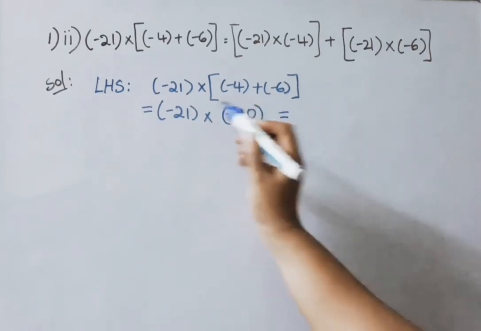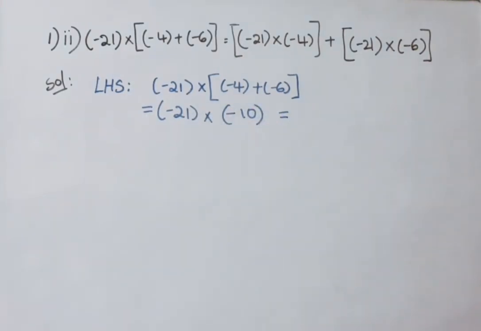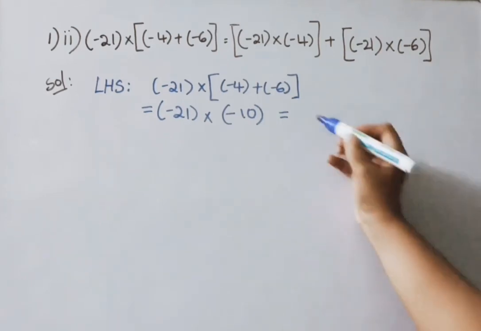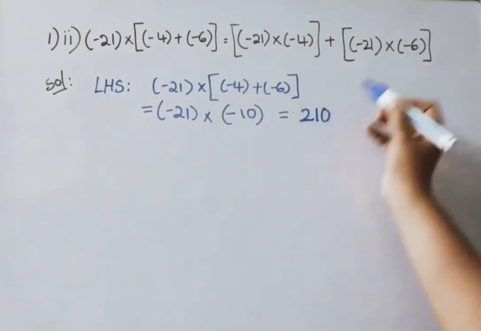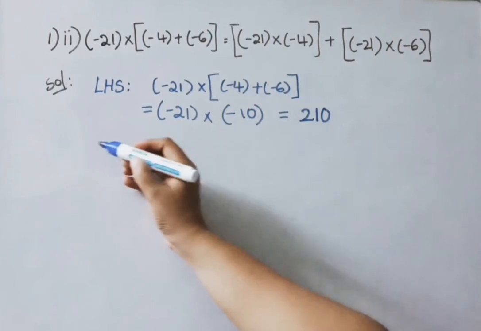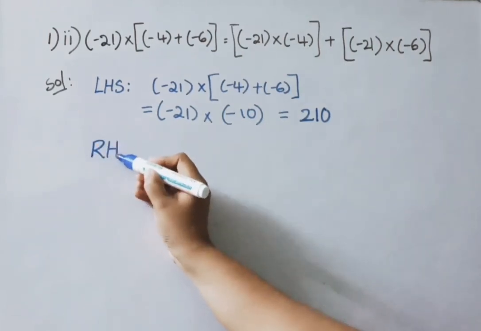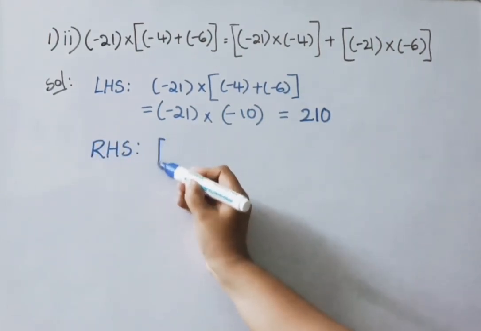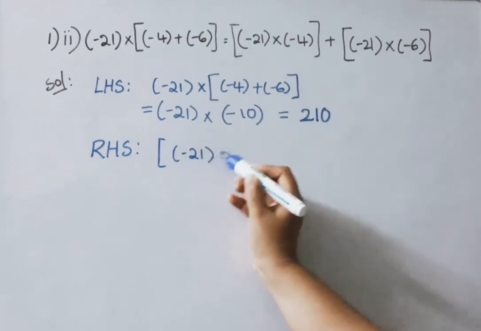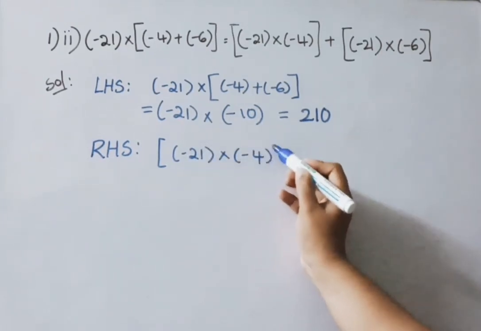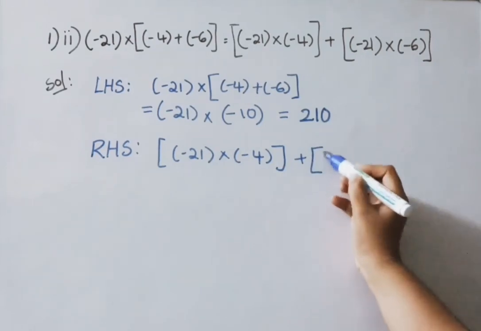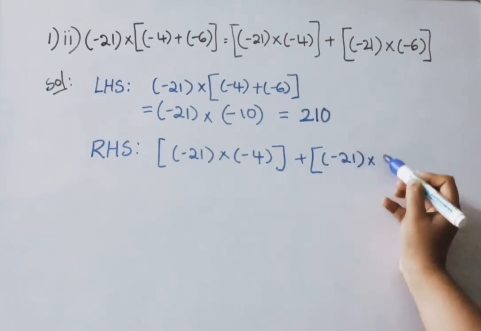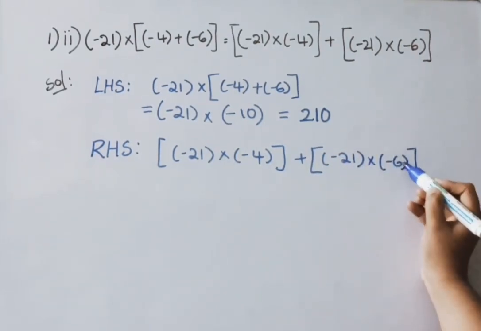When we multiply two negative integers, we get a positive integer. 21 tens are 210. Now let us check the RHS part. Write down minus 21 into minus 4 plus minus 21 into minus 6.